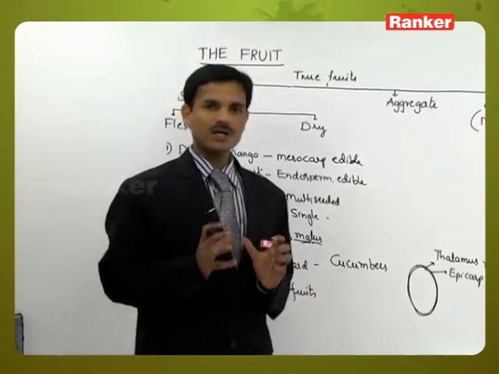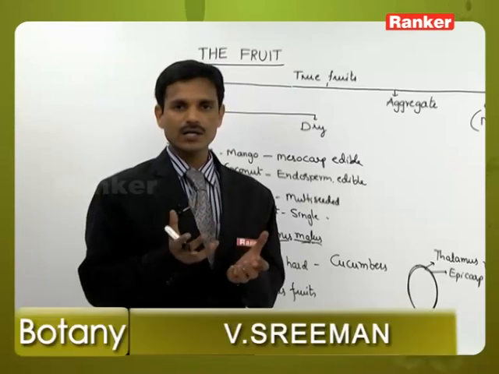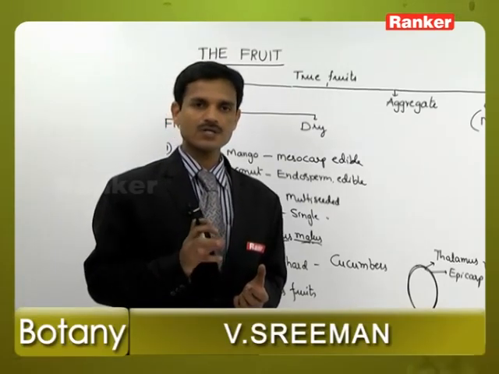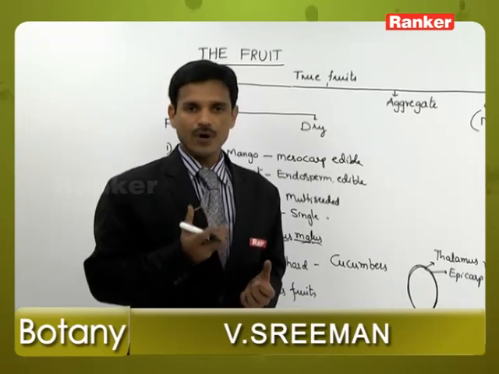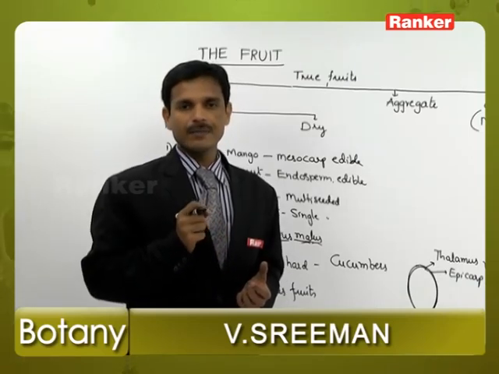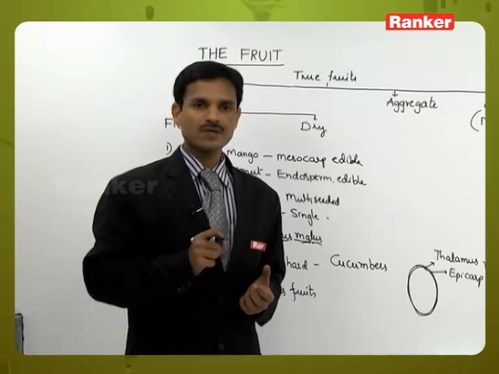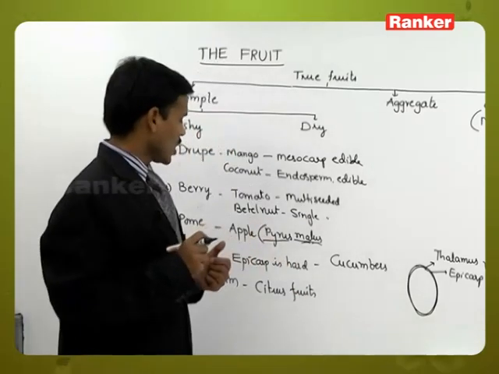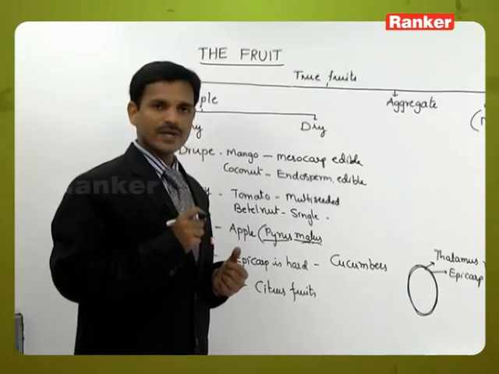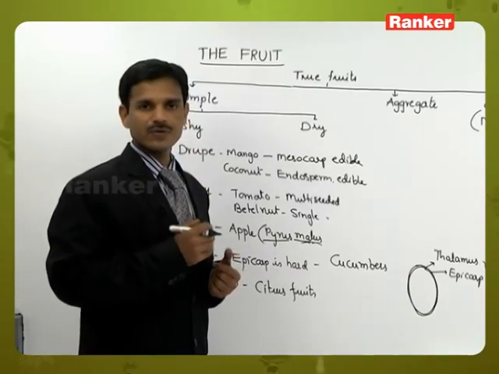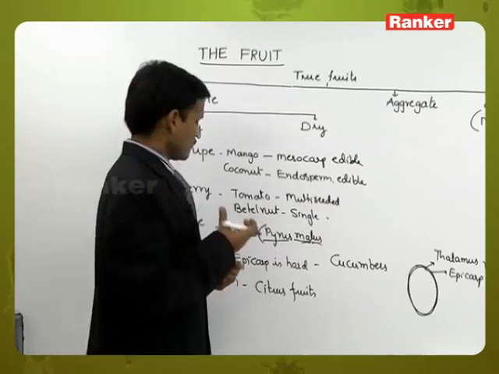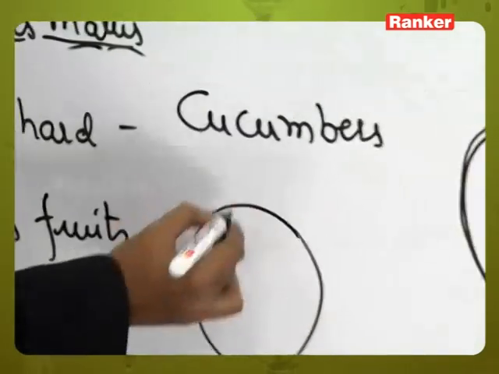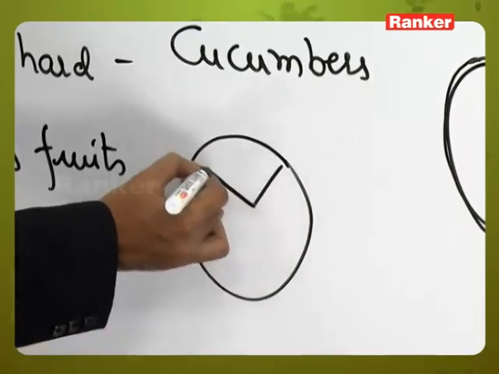If you observe a citrus fruit, the outer epicarp is leathery, with volatile oils present, smooth and oily. The middle mesocarp is a white, cotton-like substance. The inner endocarp is very thin, and the whole fruit is divided into a number of chambers.